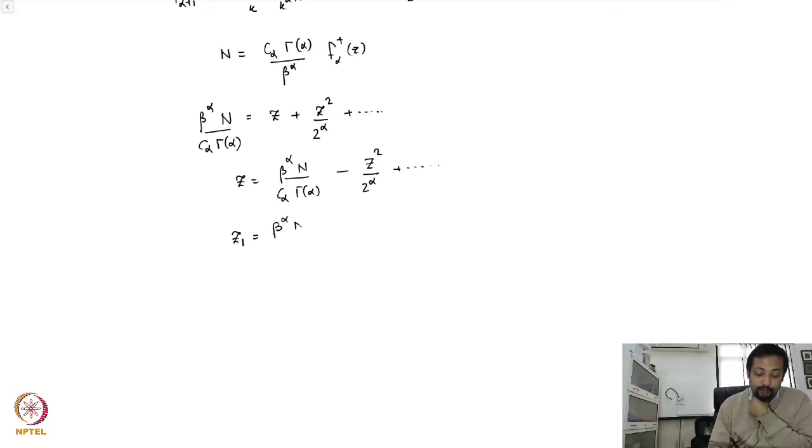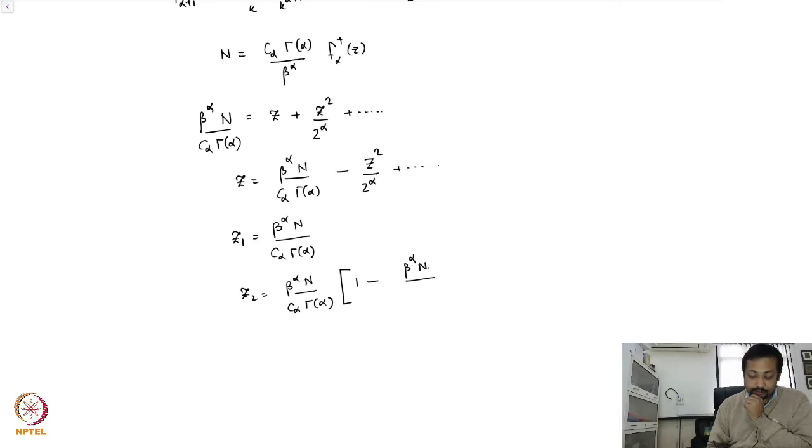I have beta to the power alpha times n over C_alpha Gamma(alpha), and z2 is beta to the power alpha times n over C_alpha Gamma(alpha) times 1 minus beta to the power alpha n over C_alpha Gamma(alpha) times 2 to the power alpha plus higher order terms.